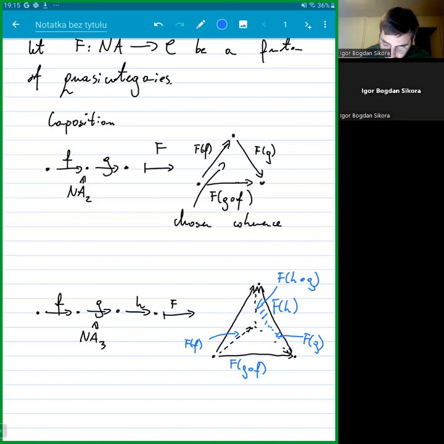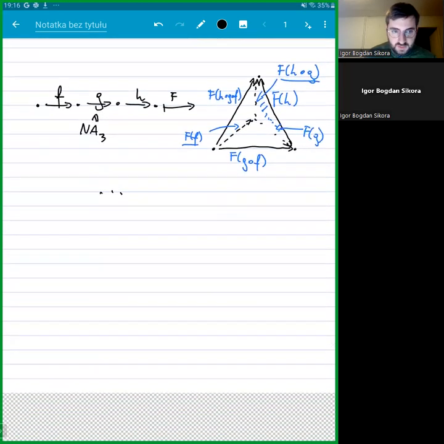Over here on this edge we have F of f, and on this edge we have F of h composed with g. So what we'll have over here is F of h composed with g composed with f. And because this whole three simplex will be filled, all of the choices which we made are coherent up to coherent homotopy. So this is the idea. And so on and so forth for higher simplices.